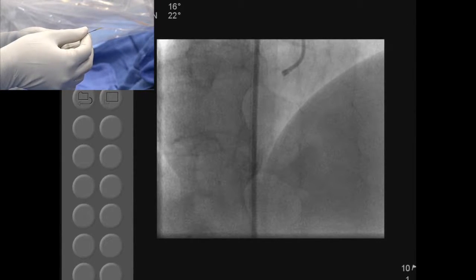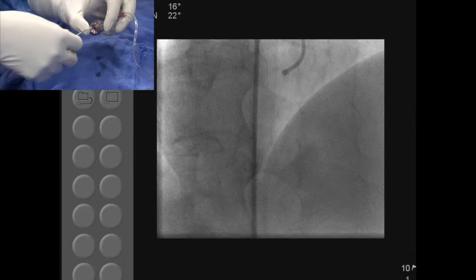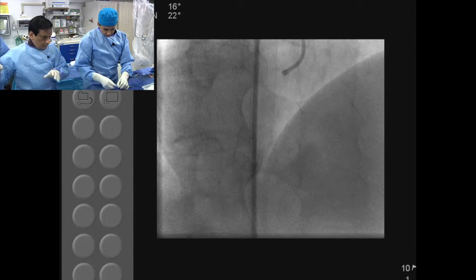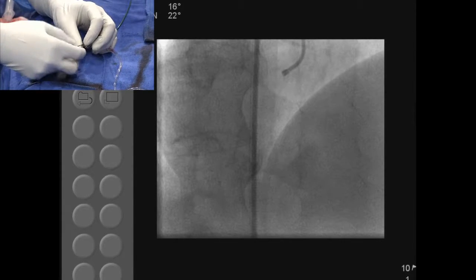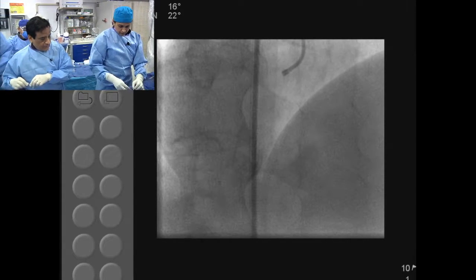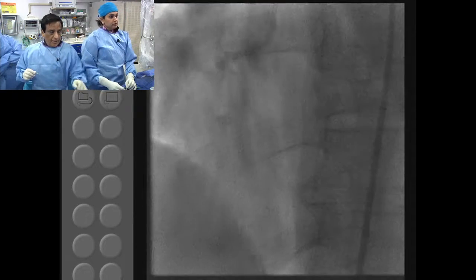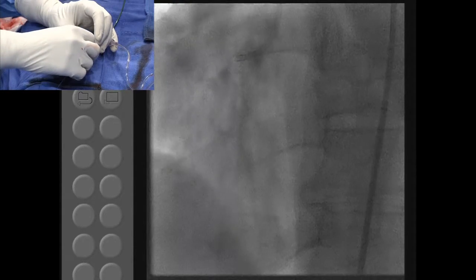So, as you proceed with the case, as you have correctly mentioned, there are numerous practice changes following these two trials, which we'll talk about. Yes. And now coming back to the Pegasus, there is a lot of enthusiasm, or data accumulating, that particularly in the post-MI patients, it makes sense to use prolonged antiplatelet therapy rather than just limiting it to what used to be 1 year.